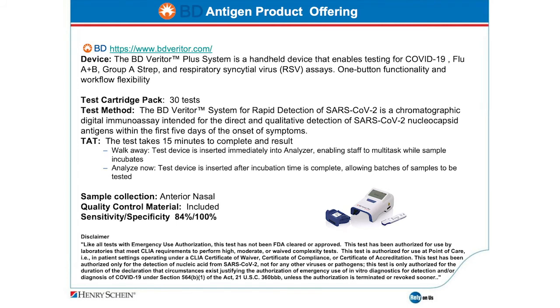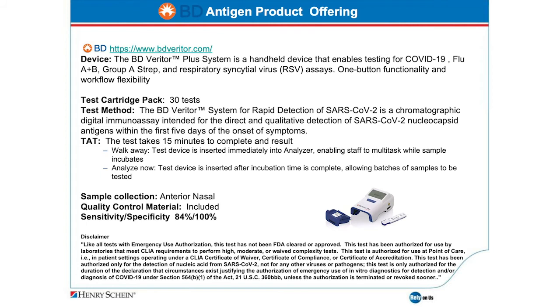The BD Veritor system is also very simple and easy to use. It actually uses chromatographic immunoassay, and it gives you a qualitative result on the proteins that it detects on the virus. The cool thing about BD Veritor is that you have two options.